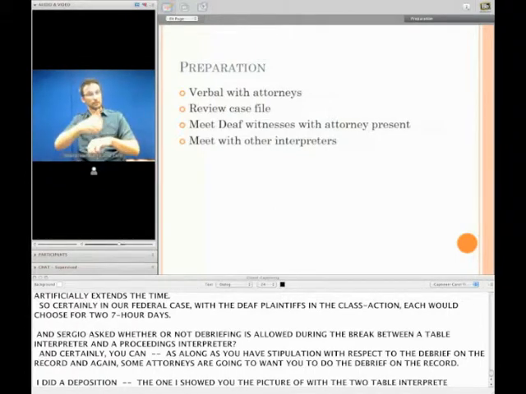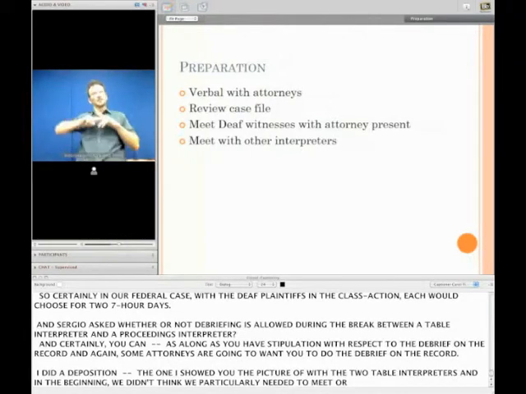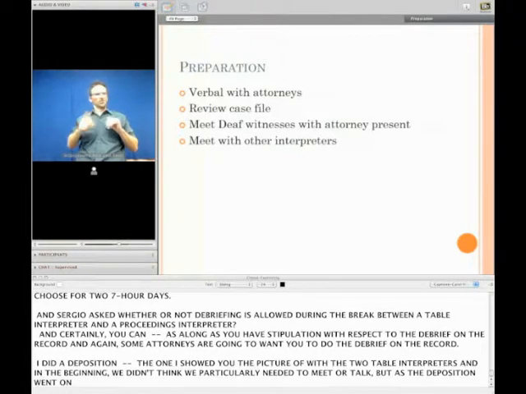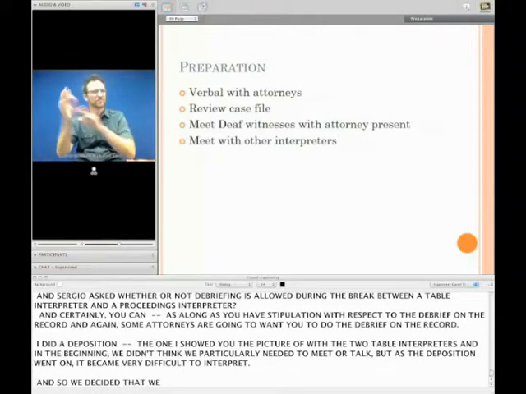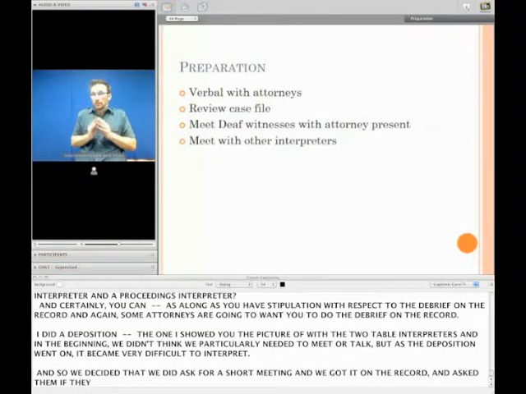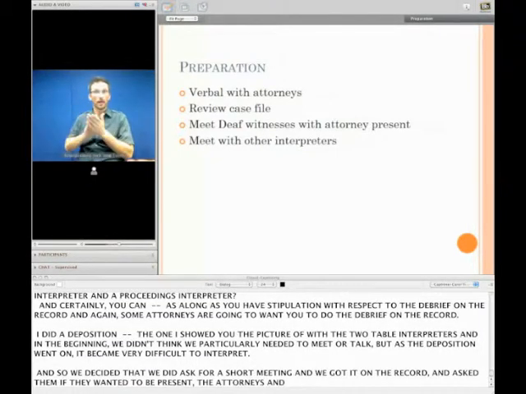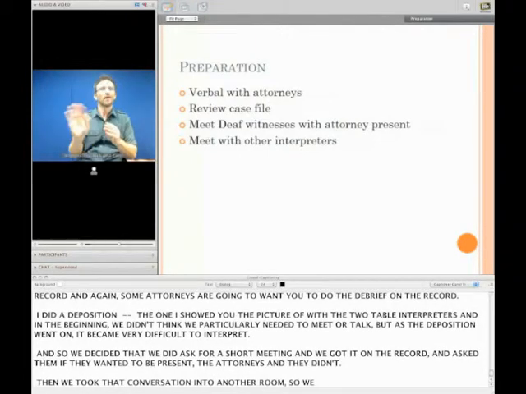In the beginning, we didn't think we needed necessarily to meet or to talk, but as the deposition went on, it became very difficult to interpret. So we did ask for a short meeting, and we got it on the record and asked the attorneys if they wanted to be present, and they didn't. So then we took that conversation into another room so that we weren't standing in front of a deaf person having a conversation.